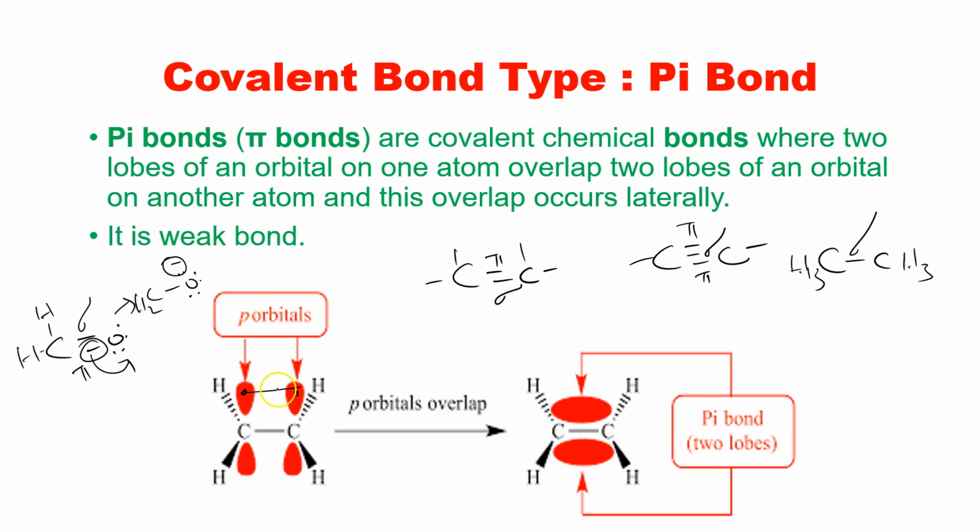And this overlap is always lateral, which is beyond the axis. It is not at the center. When it is at the center, it becomes a sigma. When it is lateral, it becomes a pi. That is the difference between sigma and pi.